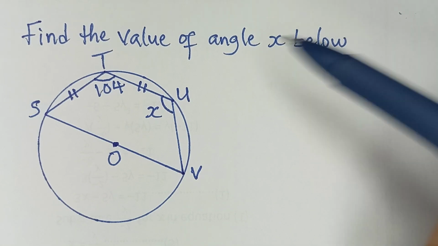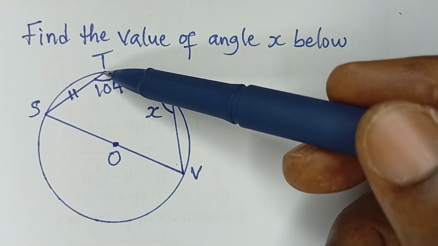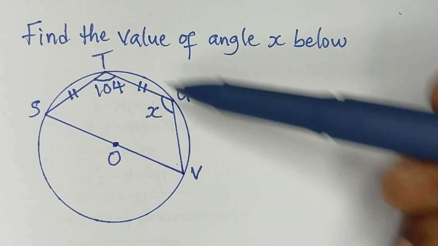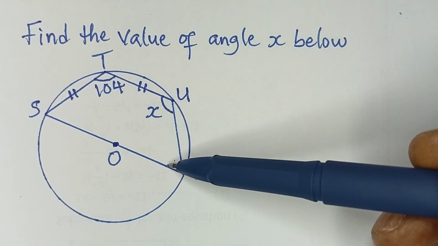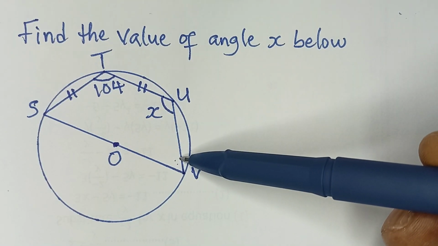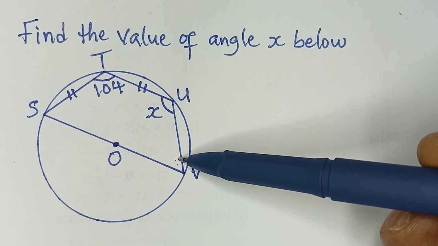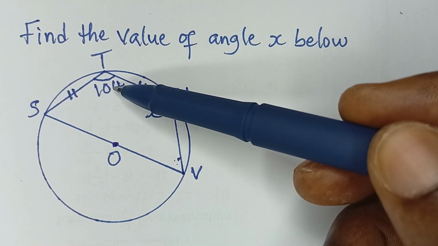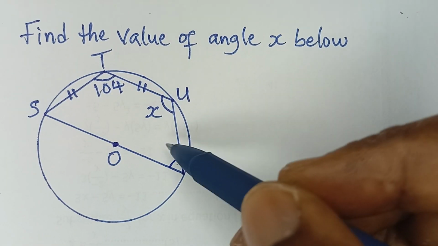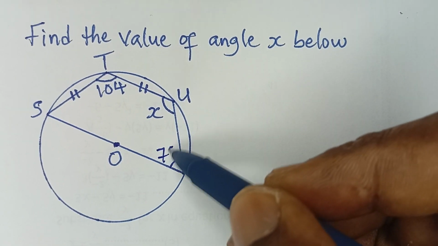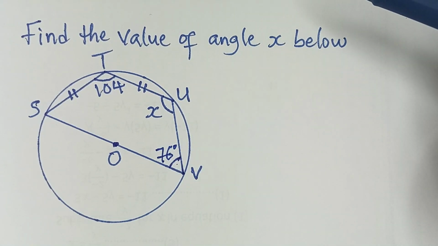So now, according to the theorem that opposite angles of a quadrilateral are supplementary, meaning that they add up to 180, this 104 and this angle here add up to 180. So in order to get this angle, we are simply going to say 180 minus 104. And that will give us this angle as 76 degrees. So this angle is 76 degrees.